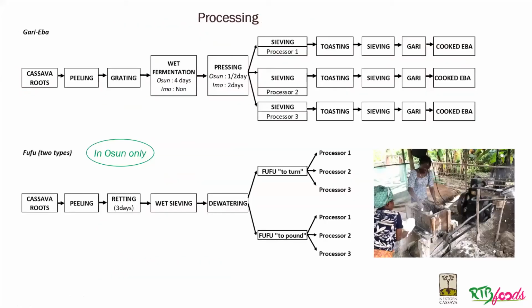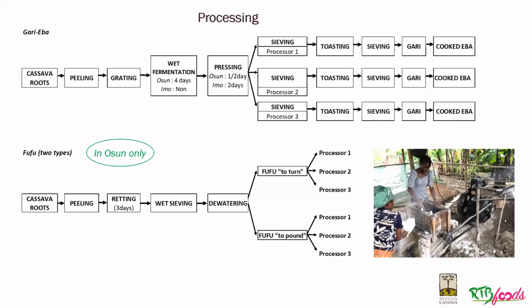So this was the processing setup. You see that we did cassava roots, peeling, grating, wet fermentation, with different fermentation lengths, you can see, and also you have wet fermentation of 4 days, and in Imo there's none. And pressing in Osun is half a day, and in Imo it's 2 days.